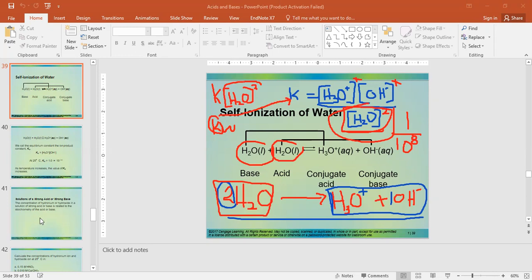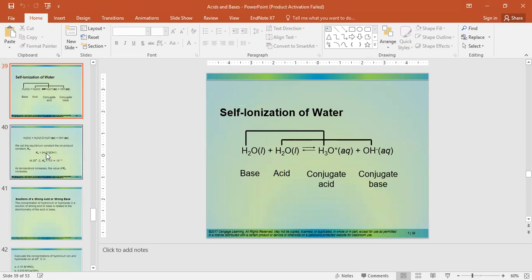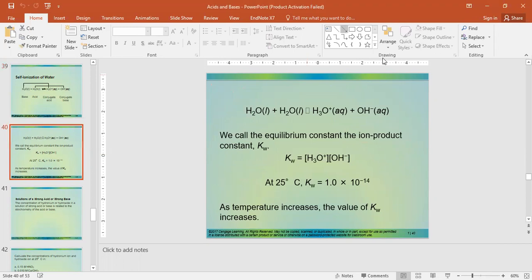And that is why in this equation here, let me do away with the drawings. Now, in this equation here, we have written Kw is equal to the concentration of hydronium ion multiplied by the concentration of hydroxyl ion. And at 25 degrees Celsius, then this ion product of water is equal to 10 to power -14.